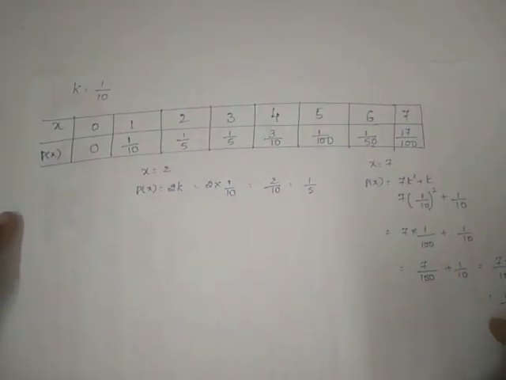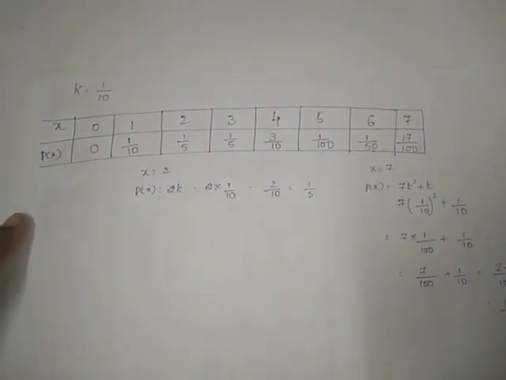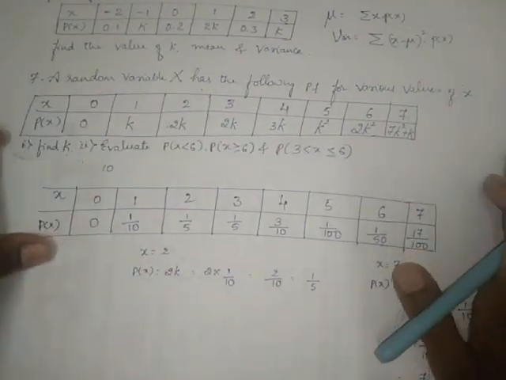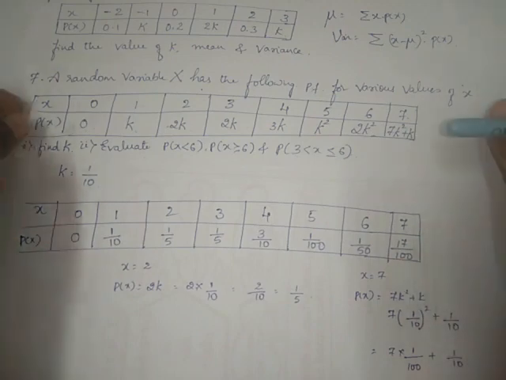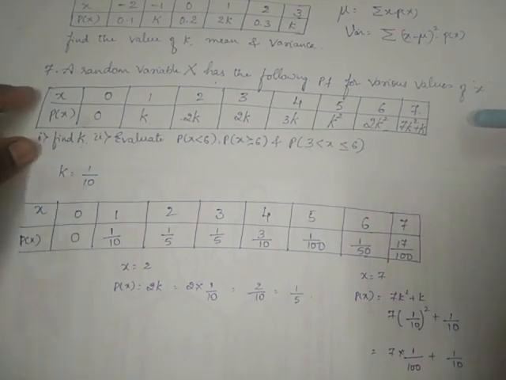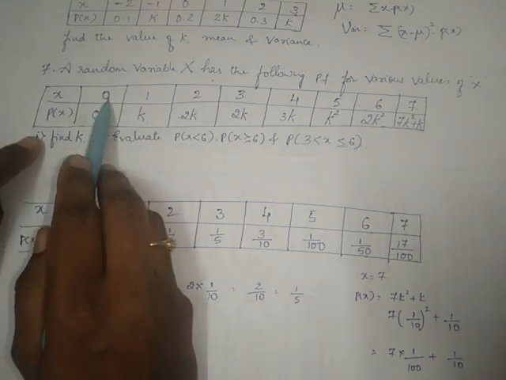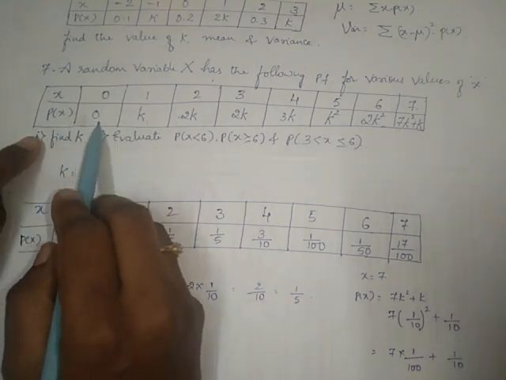Next, I have already written a table by substituting the value of k. This was the question. X and p of x were given. For x is equal to 0, p of x was 0.